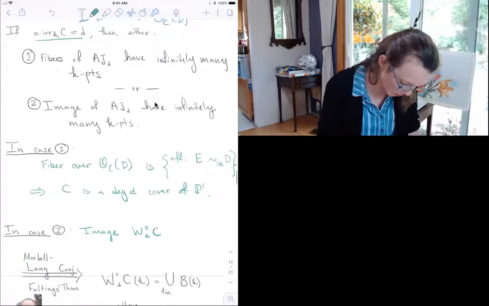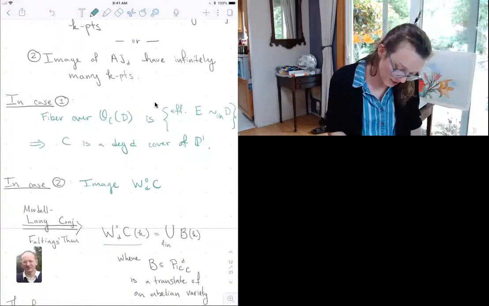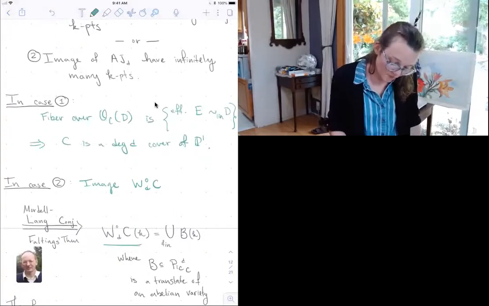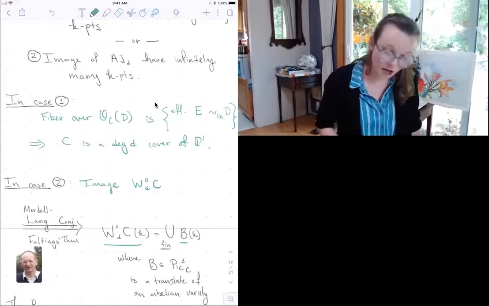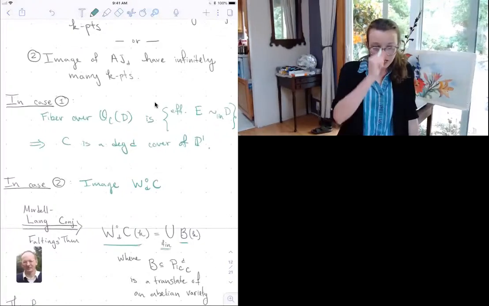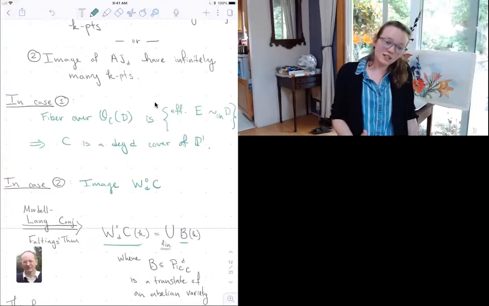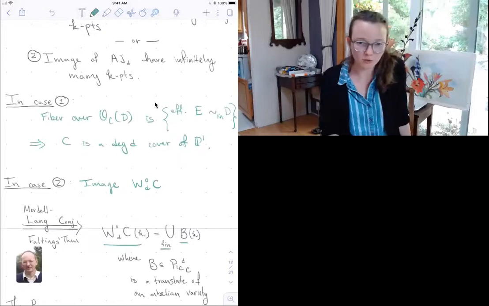So Faltings' proof of the Mordell-Lang conjecture tells us that the rational points on W^0_d of the curve are equal to the rational points on a finite union of translates B of abelian subvarieties of Pic^0 of the curve. And so these abelian varieties B give us a way of understanding what the Zariski closure of the rational points could be.